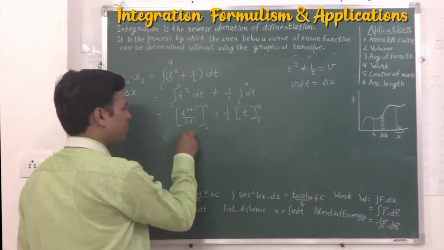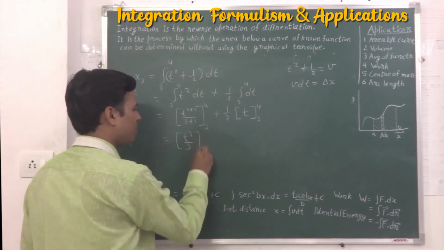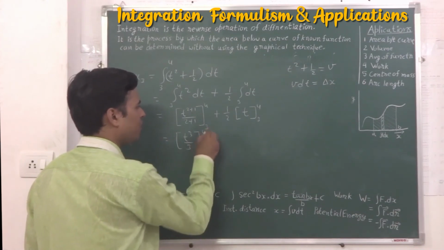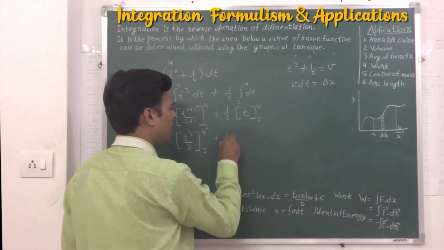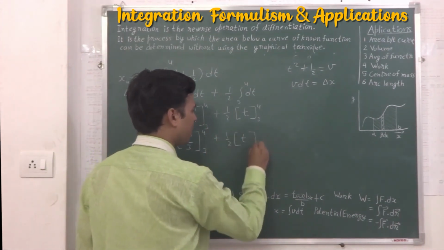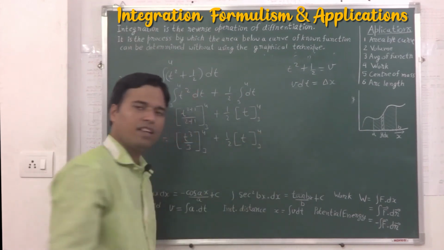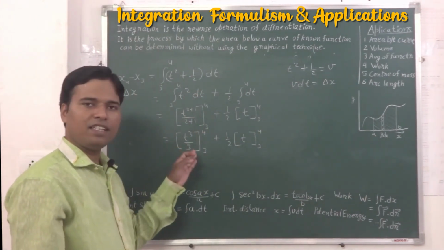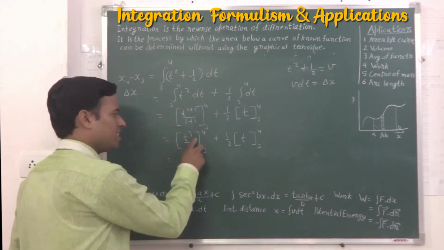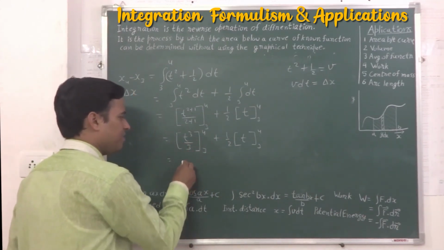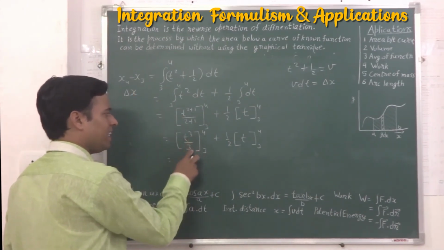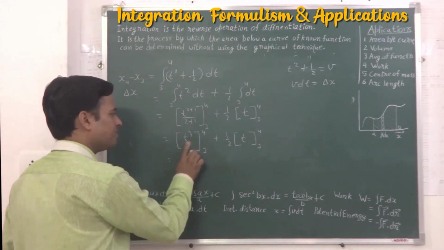Now simplify these two functions: t cube upon 3 from 3 to 4 plus half t from 3 to 4. Now use the given limits in these functions and we will get 1 by 3 outside.